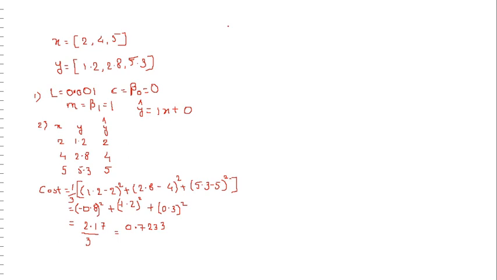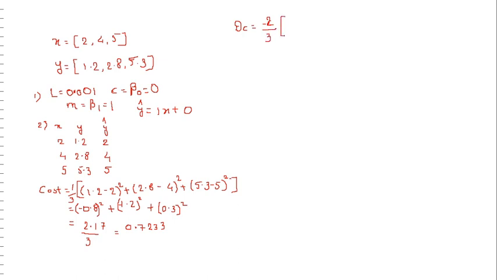Now, what is my next step? When I have this, I have to find the derivatives. So we need to find DC as well as DM. Minus 2 upon n. What is my n?